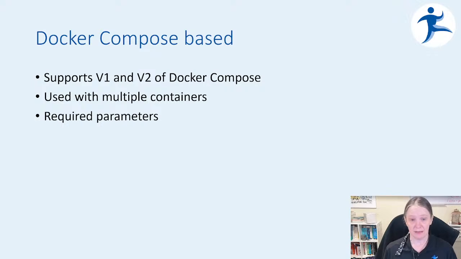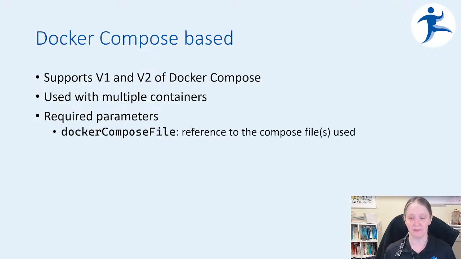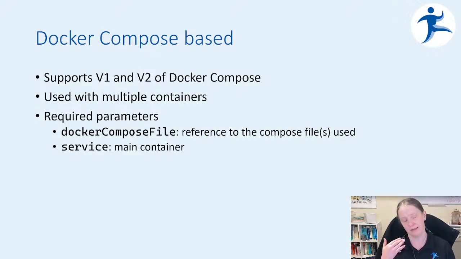Docker Compose does have some required parameters. So the Docker Compose file, you have to point it at your Docker Compose. Typically I'll have docker-compose.yaml within my .devcontainer folder. And then there's service, so you have to tell it what the main container is to watch for. Because just keep in mind, your Docker Compose has multiple containers.